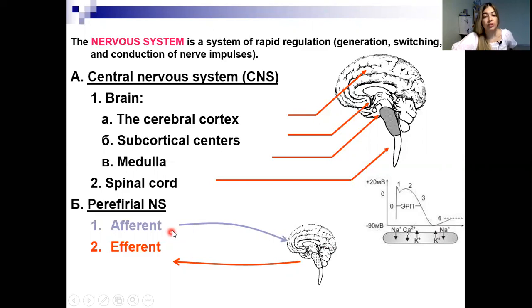The afferent gives us the signals from our receptors from the outside to the brain. And the efferent innervation is the transmission of the impulse from the brain to the affected organs. And today, the topic of this lecture is efferent innervation and how we can change the work of this part of the nervous system.